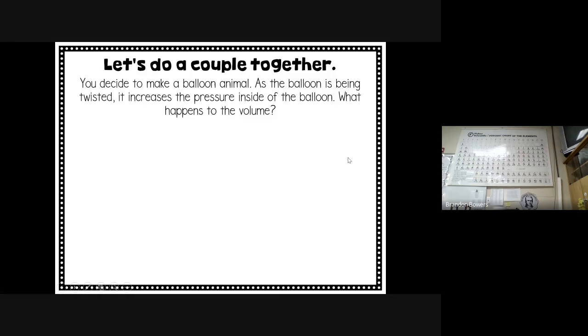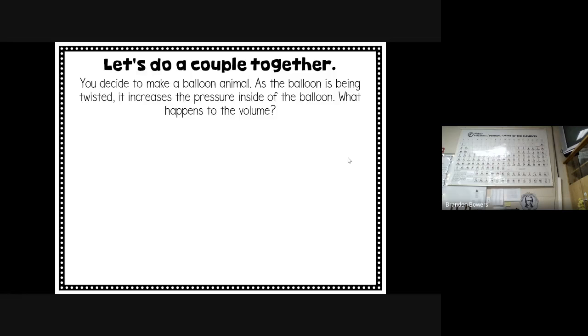If we think about this, I'm going to have my PTV stick, right? Here's my PTV stick. What in this question is constant? Well, we know we're solving for volume. We know volume is not constant.